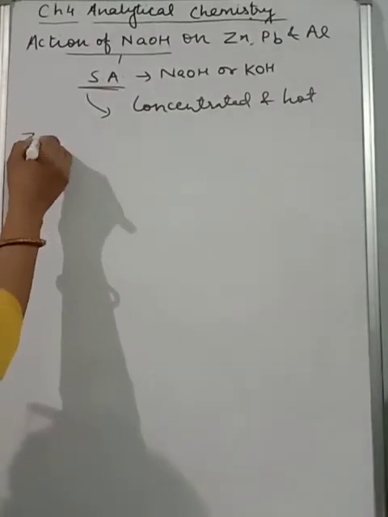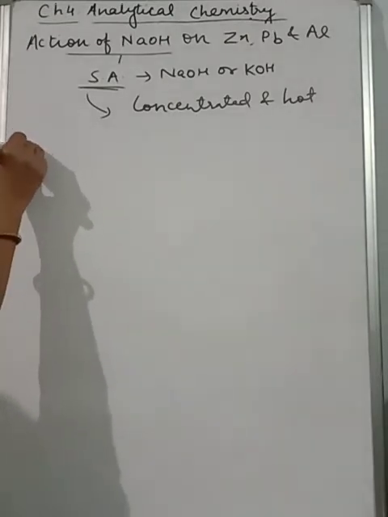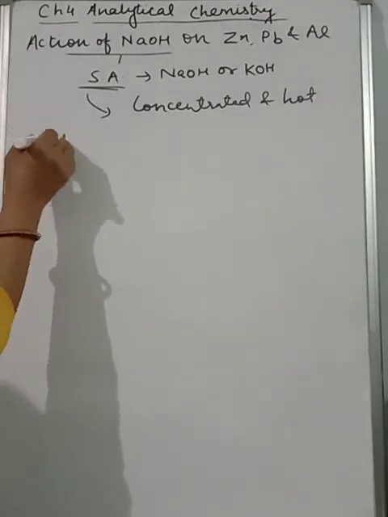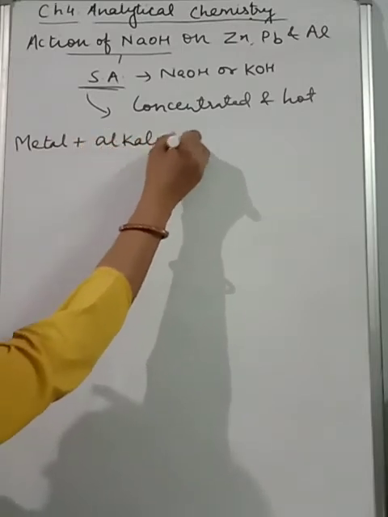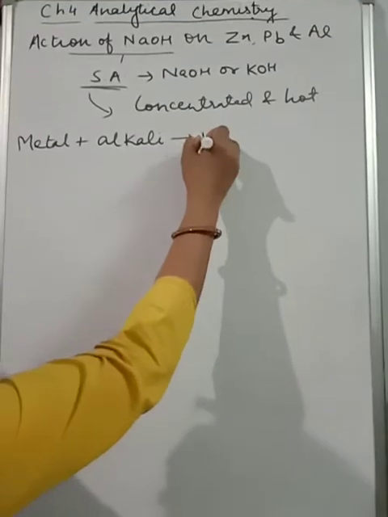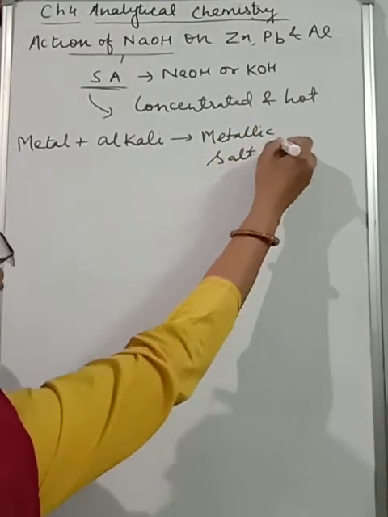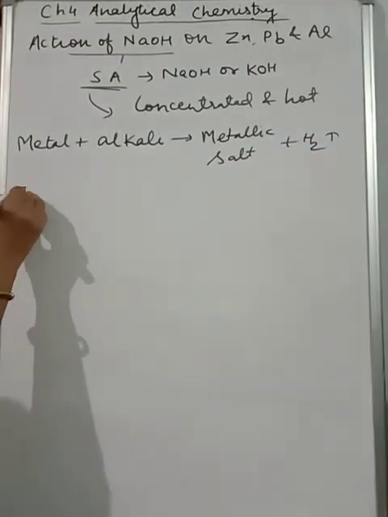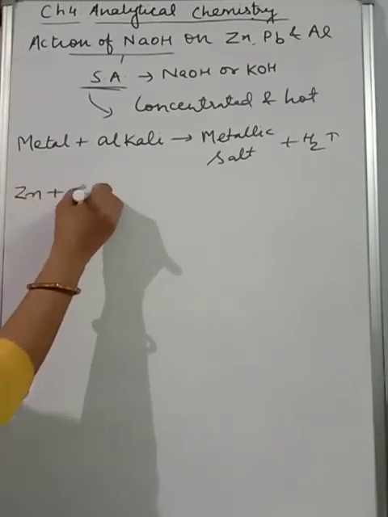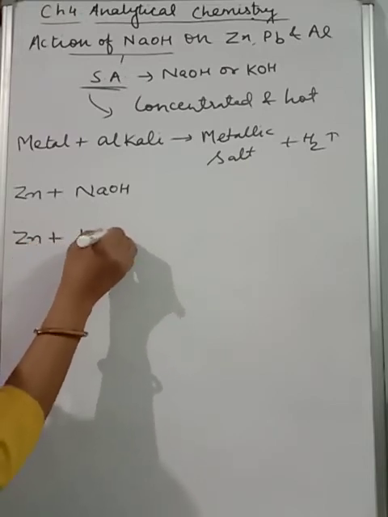But before starting this reaction, first I will suggest you to think about the general reaction. Metal plus alkali, then we will get metallic salt plus hydrogen gas. Now start this. Zinc plus NaOH or Zn plus KOH. We can opt any one.